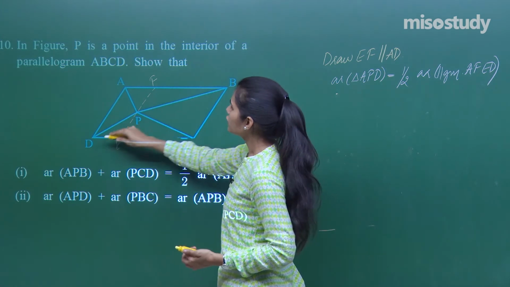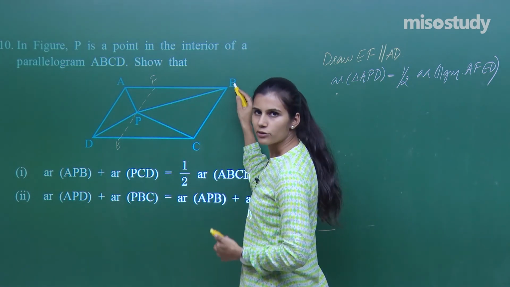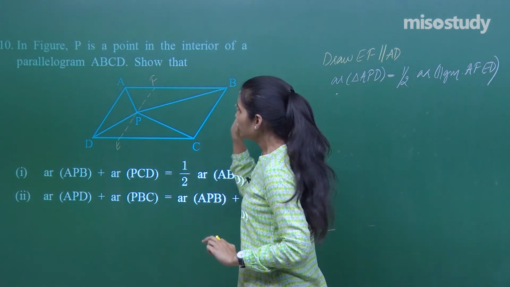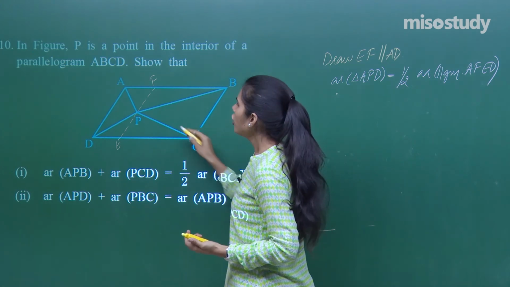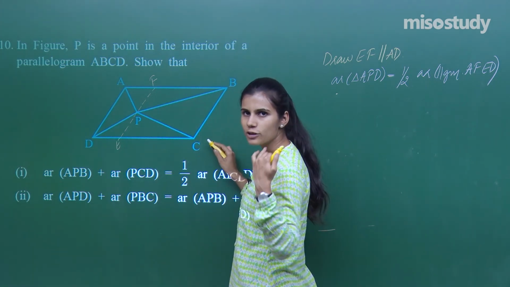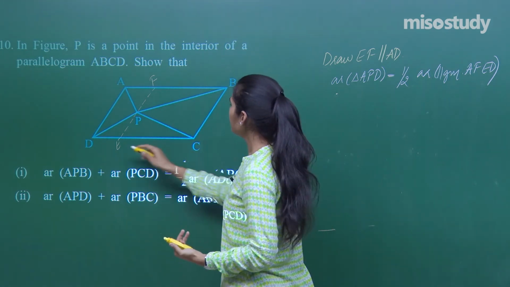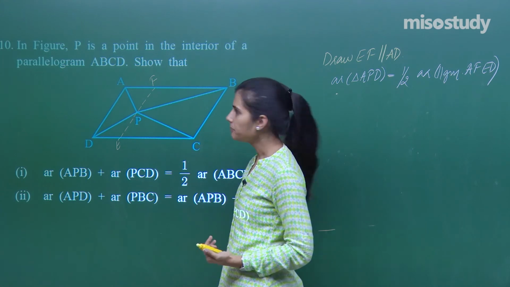Similarly, if EF is drawn parallel to AD, AD is already parallel to BC because ABCD is a parallelogram, so opposite sides are parallel. Two lines parallel to the same line are parallel to each other, so EF will be parallel to BC. Already complete AB is parallel to CD, so any part of AB will also be parallel to any part of CD. So FB will be parallel to EC. I have FBCE is again a parallelogram.